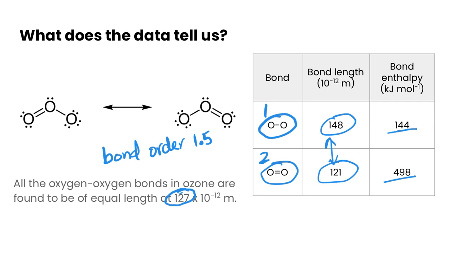So what this means is that the electrons in the double bond or the pi bond are being shared equally between all of these different multiple bonding positions. So you can picture we've got a p orbital on this one, a p orbital on the middle oxygen, and a p orbital on the other oxygen.